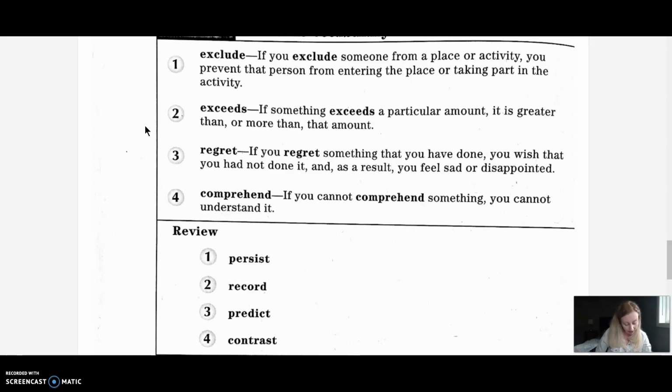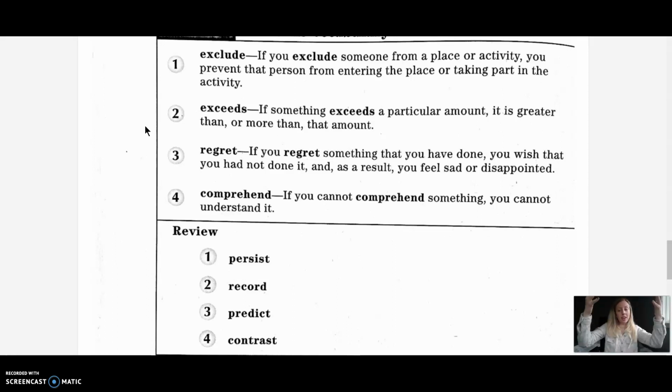And so if I said the soccer team would not let Cooper play on the team, who would be excluded from the team? Cooper, right? Okay. Sweet. Okay, so the next word is exceeds. If something exceeds a particular amount, it is greater than or more than that amount. So if you've ever done state testing, there's does not meet, meets, and then there's exceeds.